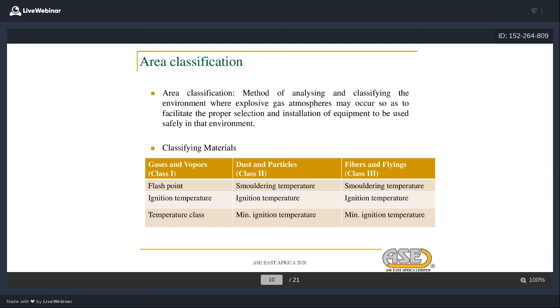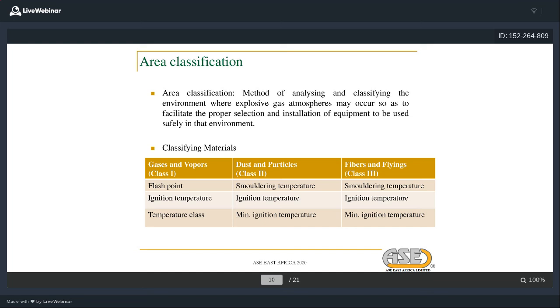Smoldering temperature, ignition temperature in class 2, and minimum ignition temperature. Smoldering temperature is, we can say, the self-ignite temperature of the layer of the dust, because here we're talking about dust and particles. And ignition temperature, as we said before, is the minimum temperature for the flammable material to ignite.